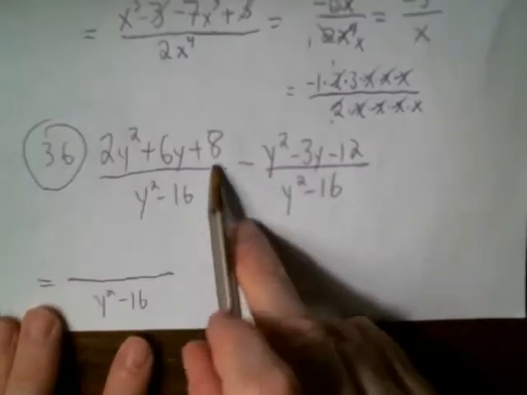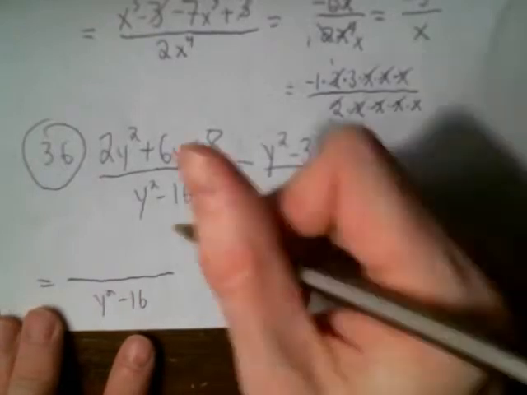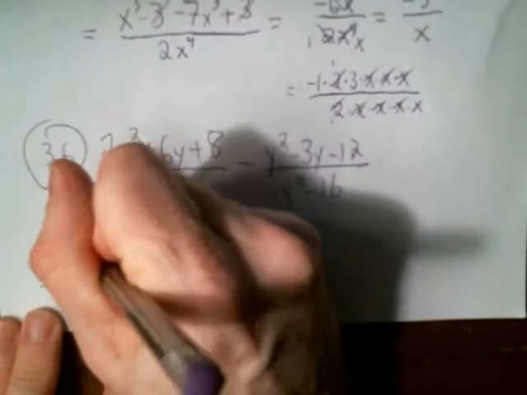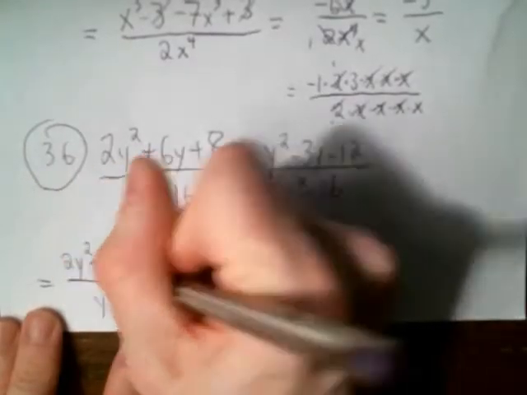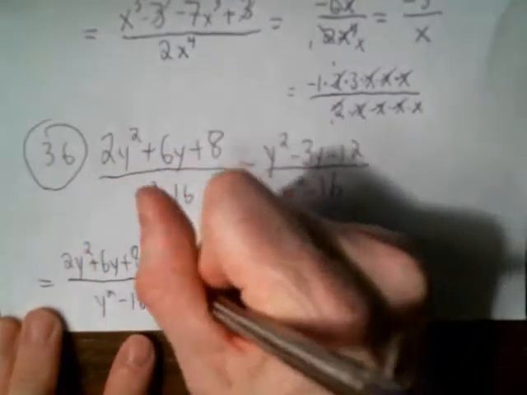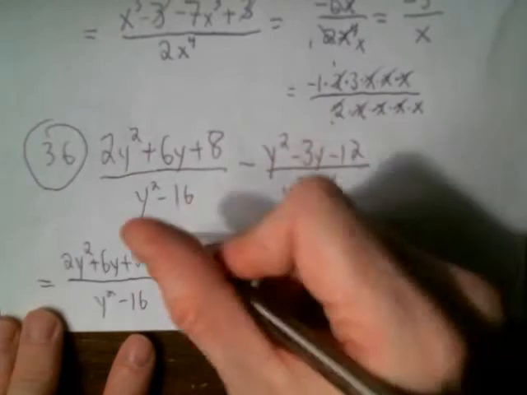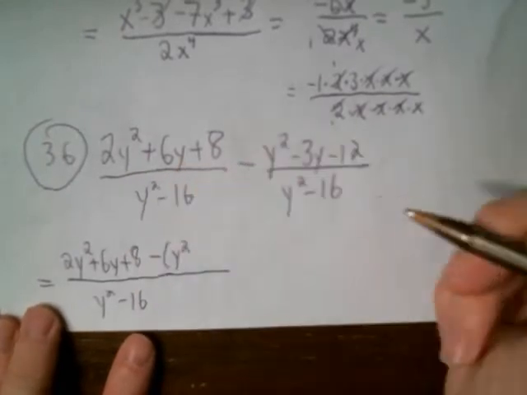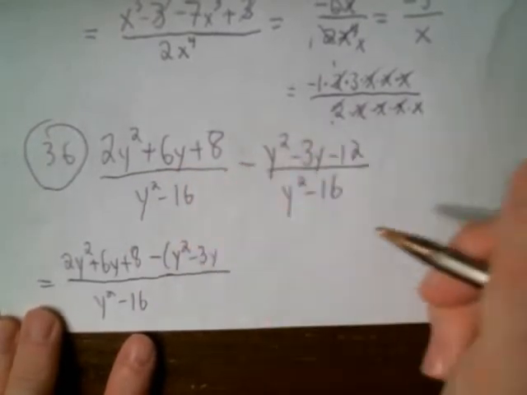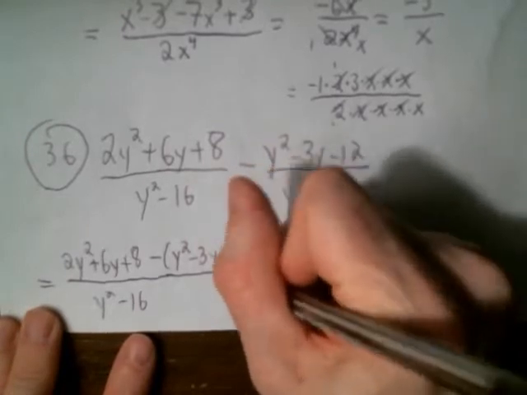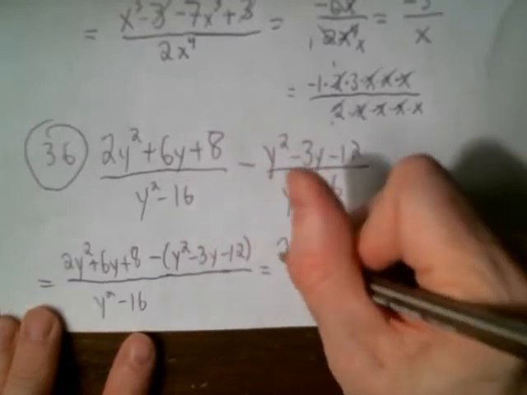In the numerator, I'm going to distribute this negative through all three terms. Okay, so if you want to, first write it minus the entire numerator, and then I'll distribute in my next step.